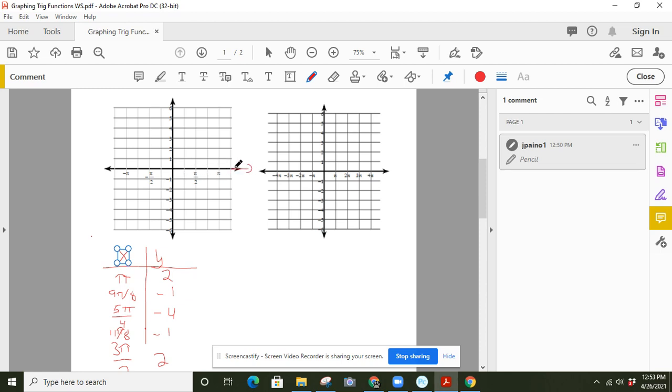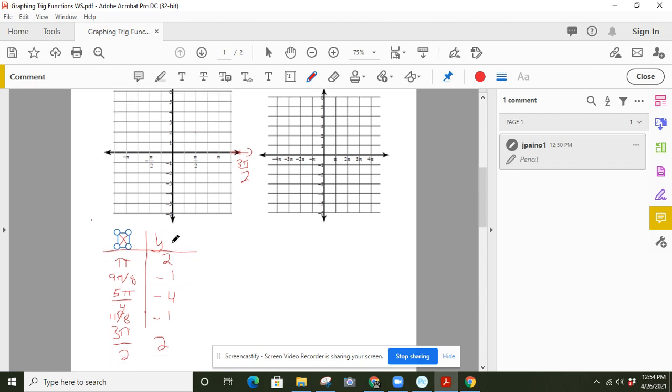we know that 3 pi halves would be right here. All right, so pi halves were 2. Oops, sorry. Undo. It was on the wrong thing right there. At pi, it's 2.